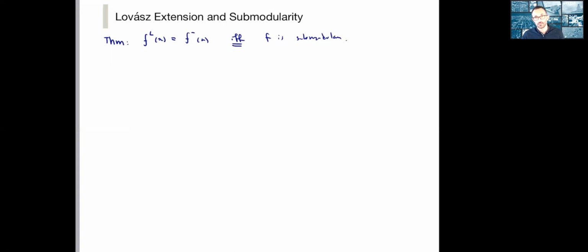And what is that going to tell us? Well, this immediately will have some implications for an algorithm for minimizing a submodular function. Okay, so let's prove this. First, let's assume that f is submodular. Let's prove this direction.